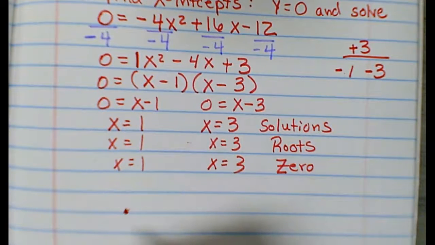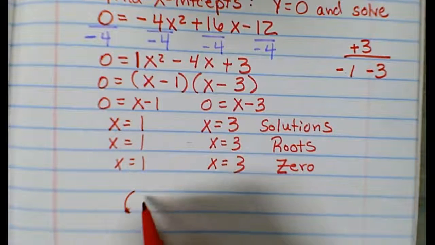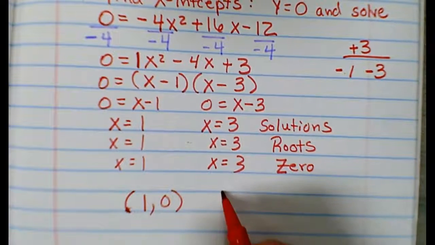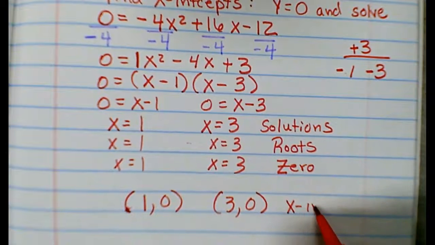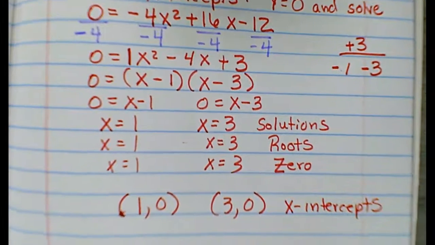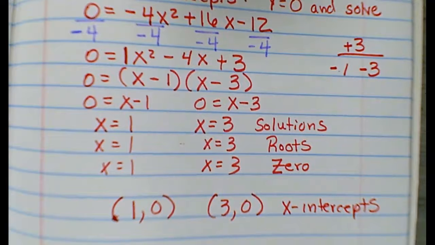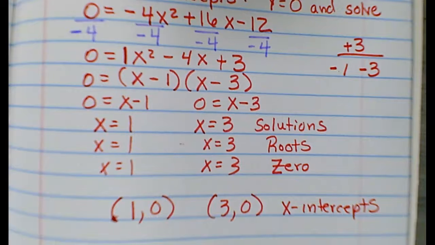But I started out to find my x-intercepts. The x-intercepts are written as points. Same number, just written in point form. When you have a homework problem, it asks you to put the smaller x-intercept in first and the larger one in second.